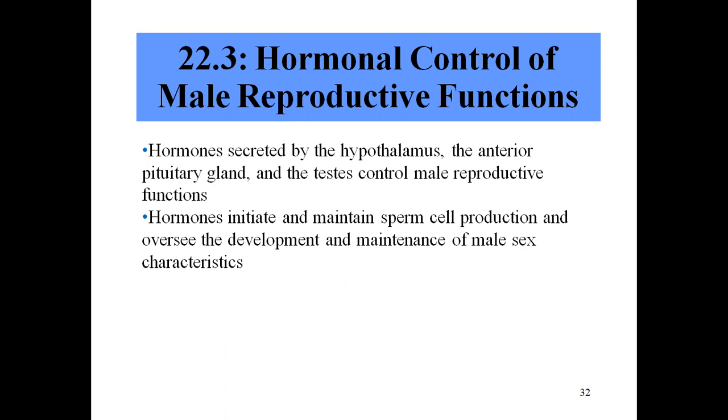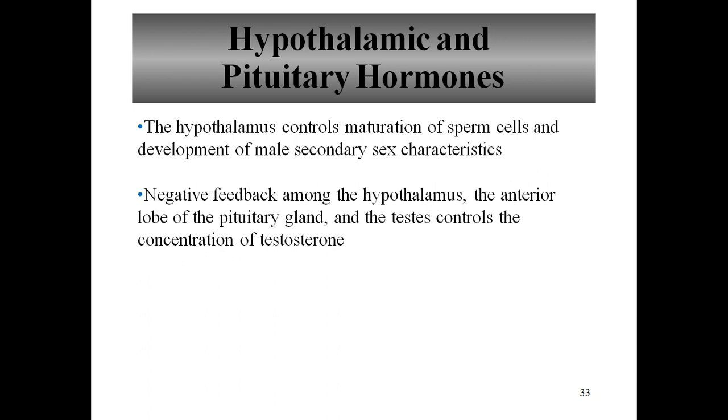That's why it is very important after the age of 16, 17, 18, when the teenage years end, that male secondary sex characteristics are developing, and for that purpose hormones secreted by the hypothalamus, anterior pituitary, and testes play a very important role for masculine characteristics.